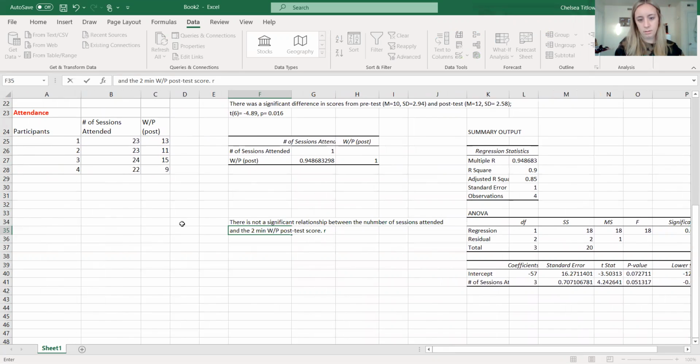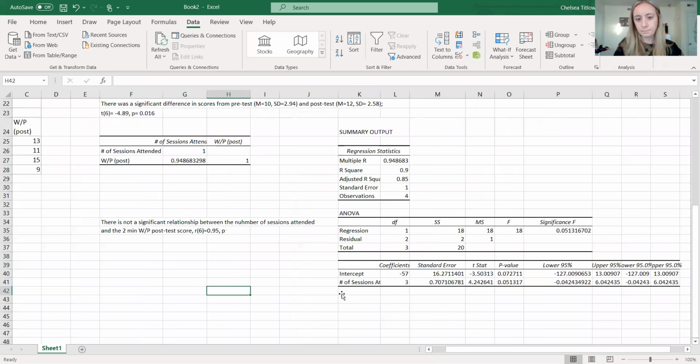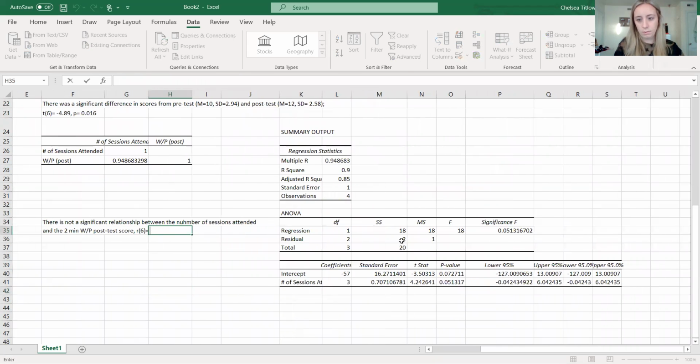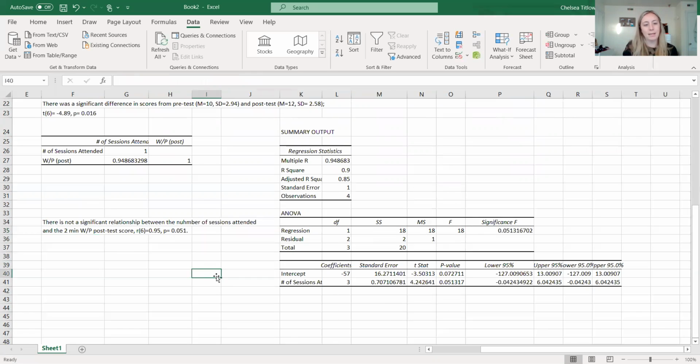Regression 6, which again is the degrees of freedom, equals 0.9, we will round up, 95. That's the correlation number, and then the p-value, which again is right here. P-value equals 0.051, so it's not significant.